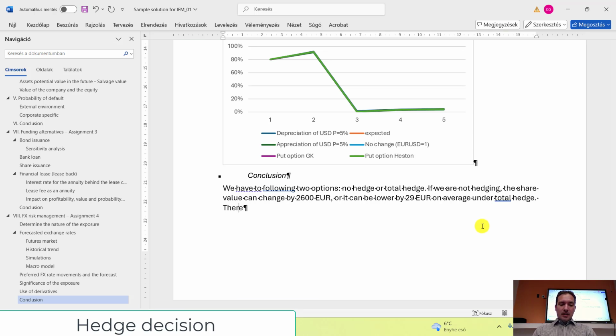Therefore, management chooses total hedge at the 7 million euro expenditure the first year.